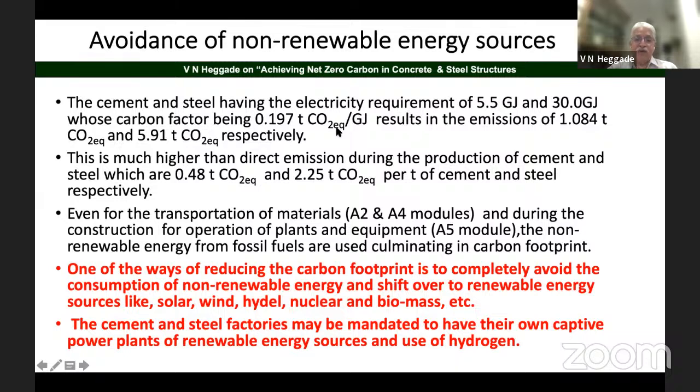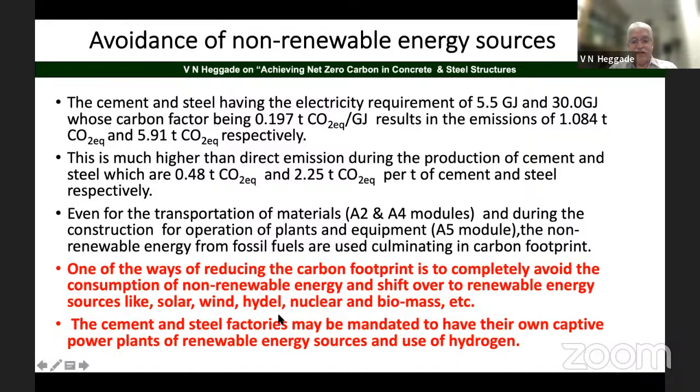Including this embodied energy consumption, the carbon factor for the cement is 1.084 ton carbon dioxide equivalent, whereas for the steel it's around 5.9 ton carbon dioxide equivalent.